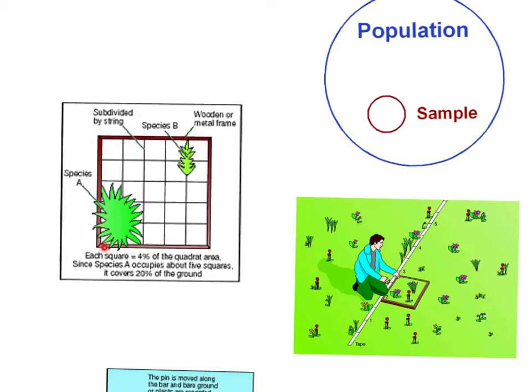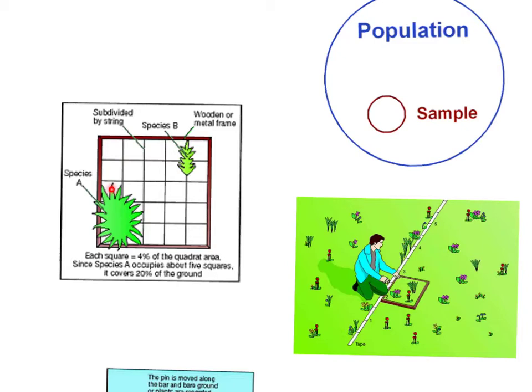That quadrat will be placed in our sample site, and when we count within this quadrat, we can record the different species and the number of each different species that occur within that quadrat.